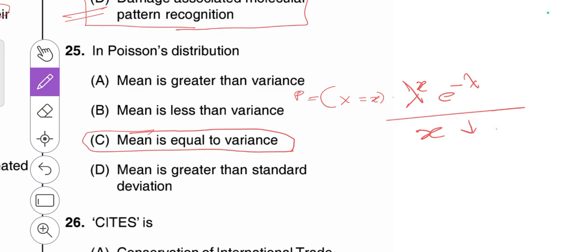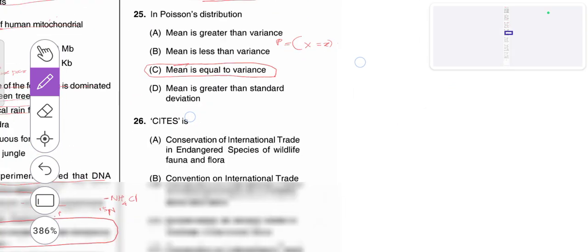Here mean of a Poisson's distribution is mu equal to lambda, and the standard deviation and variance, where the mean is equal to variance. C is the right answer.